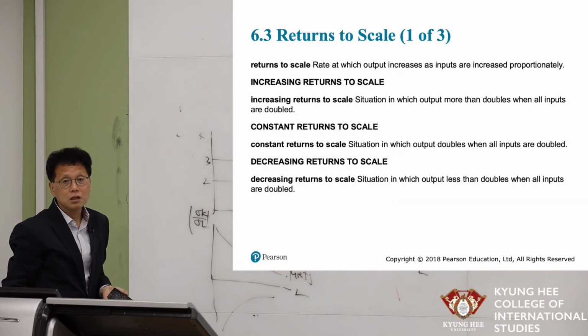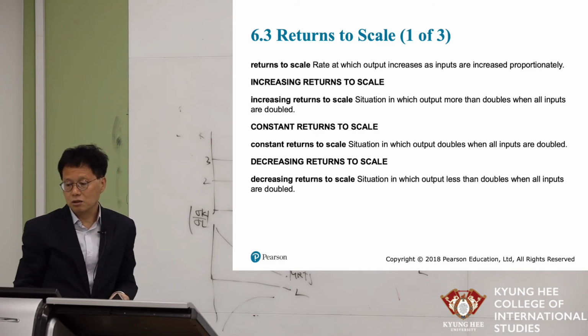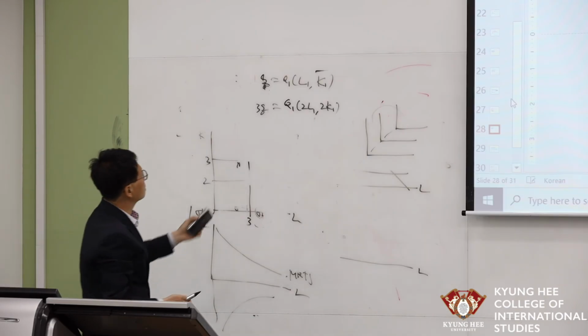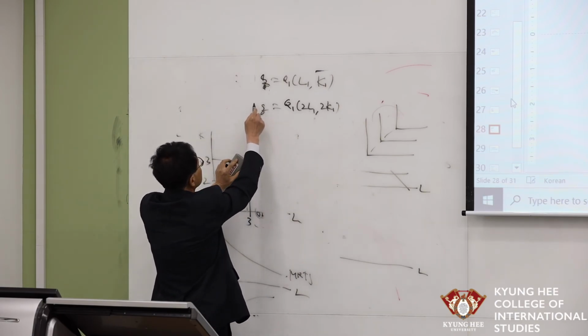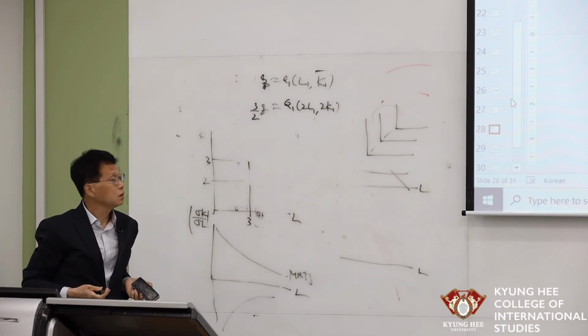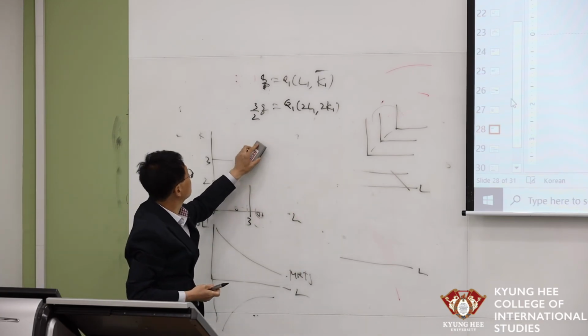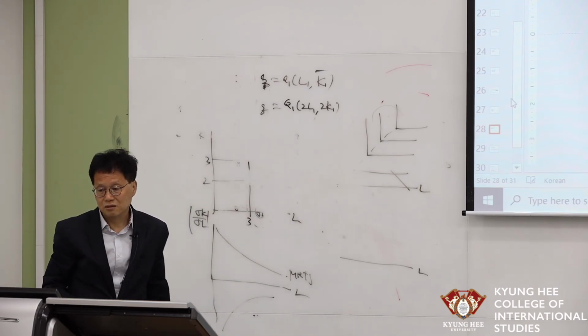Okay? Decreasing returns to scale means a situation in which output less than doubles when all inputs are doubled. Input doubled, but total production is, for example, like this. That is decreasing returns to scale.